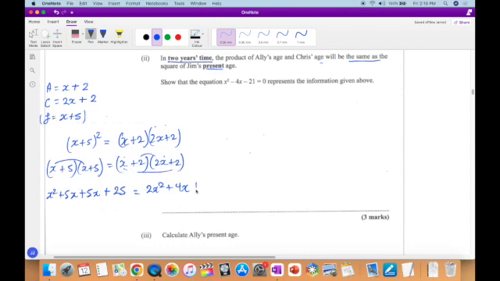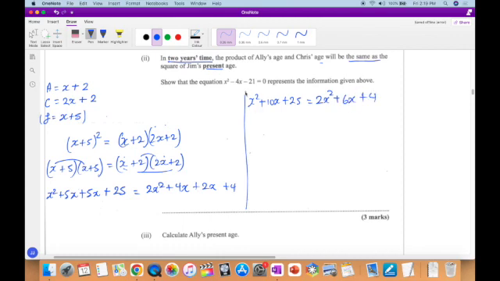X times 2 is plus 2X. And then 2 times 2 is 4. So what do we have here now? We have X squared plus 10X plus 25 is equal to 2X squared plus 6X plus 4.